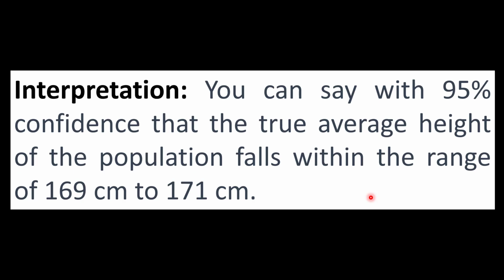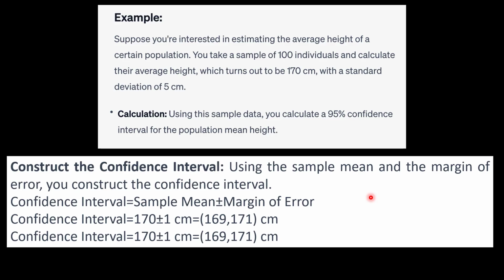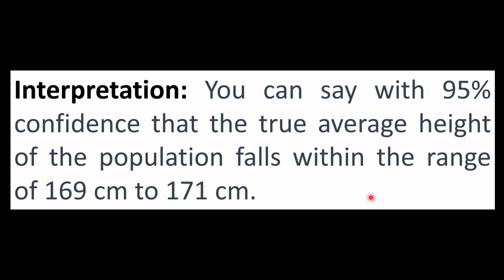So you can say with 95% confidence that the true average height of the population falls within the range of 169 to 171. So why is it different from the standard deviation? The standard deviation tells you the spread of the majority, but here it tells you the percentage of the error in the mean. So the mean and the percentage of error in the mean.